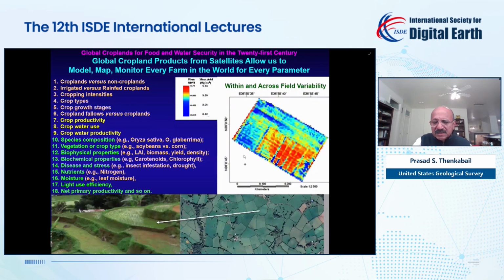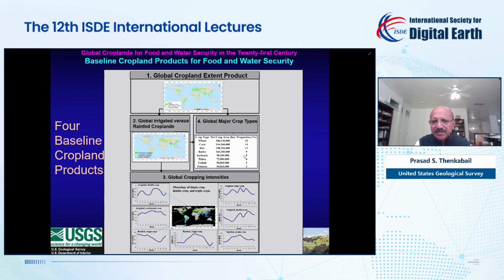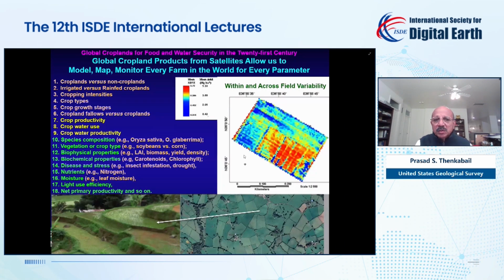So mapping these primary products is of great importance to get details at the farm level. For example, if you want to look at a single farm anywhere in the world and want to know its biophysical and biochemical properties, its yield, its productivity in terms of crop water productivity, and all sorts of different things that you can generate.